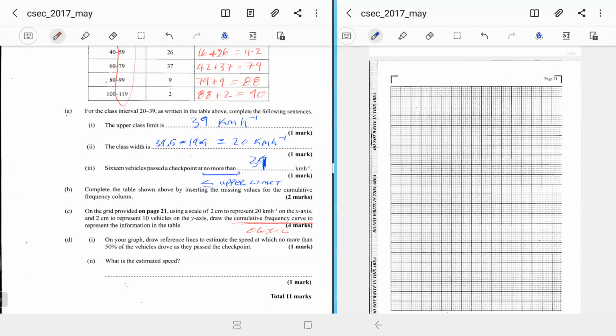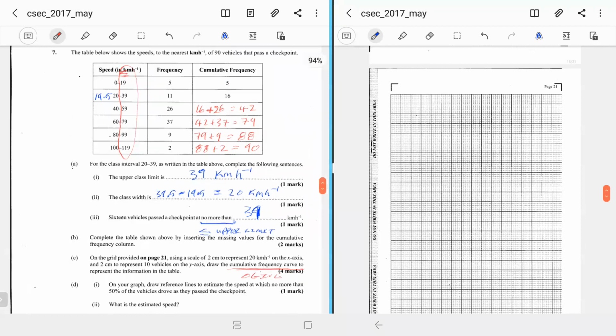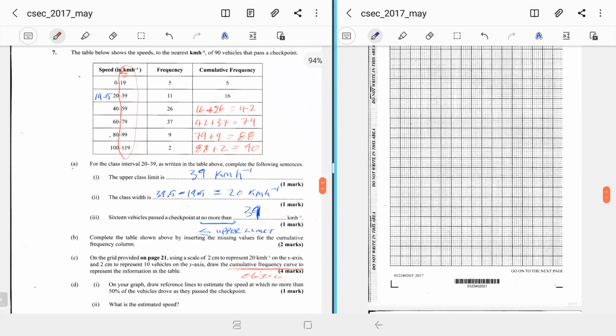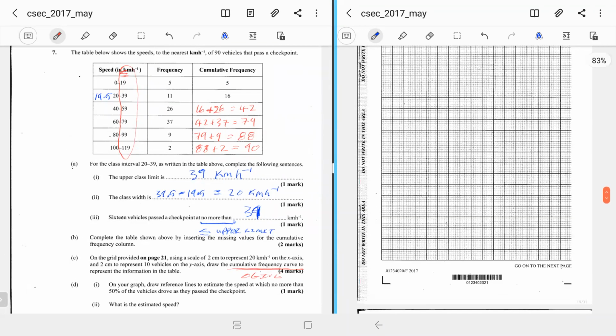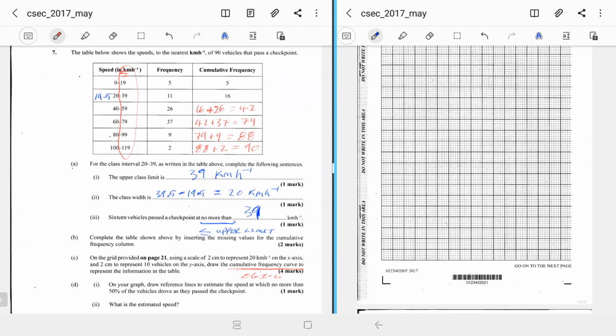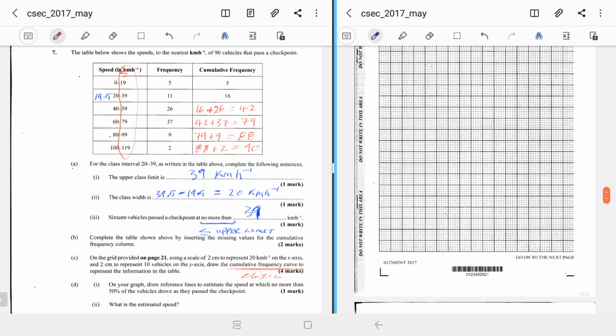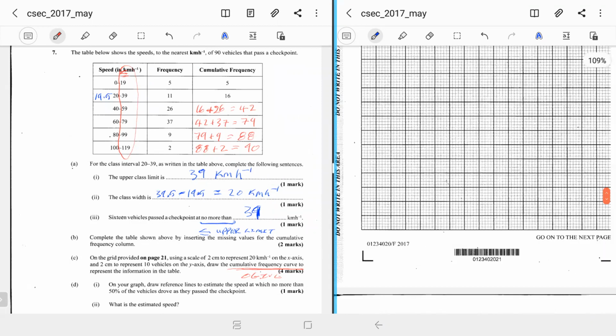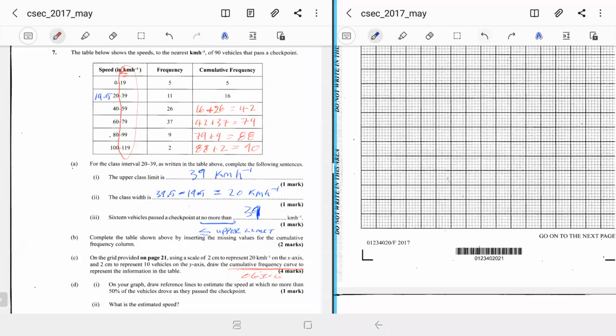And it's going to be a less than or equal to Ogive drawing, based on what they have asked. So let's do it now. So on the x-axis, we must use 2 centimeters to 20. Therefore, this is 20, 20, 40, 60, 80. And the speed went up to 190, so call it 120, right?